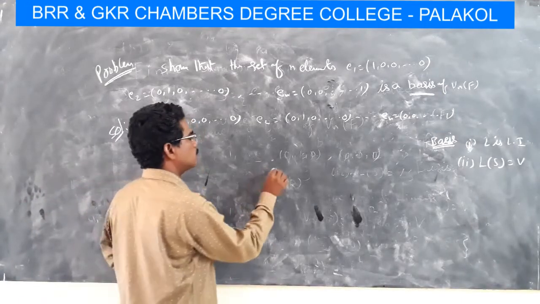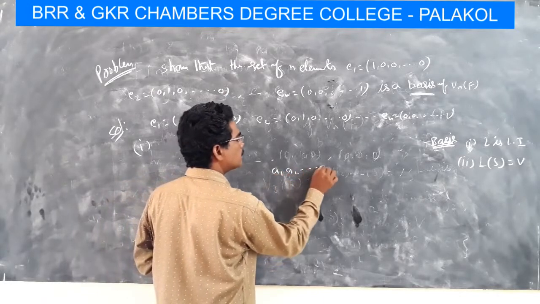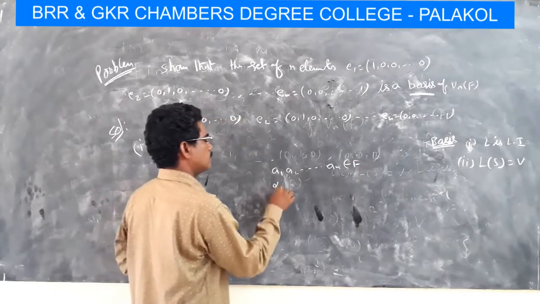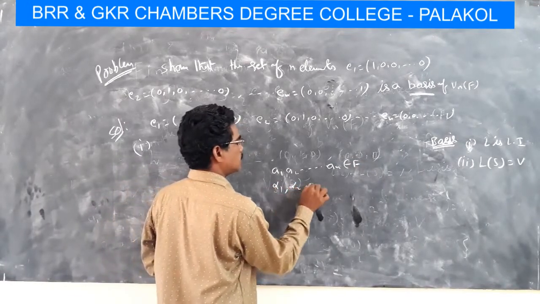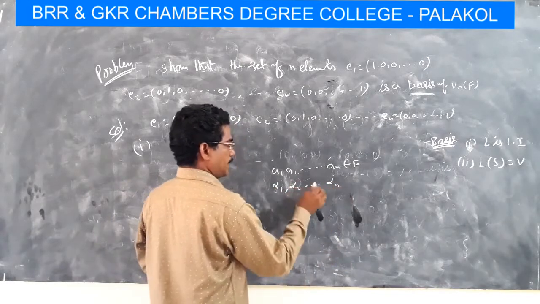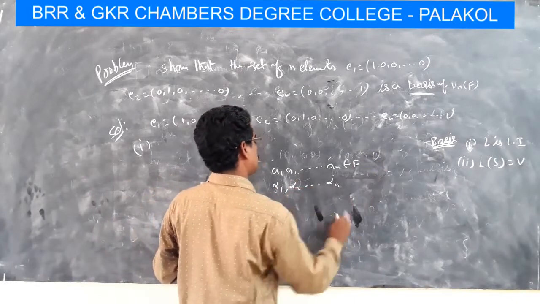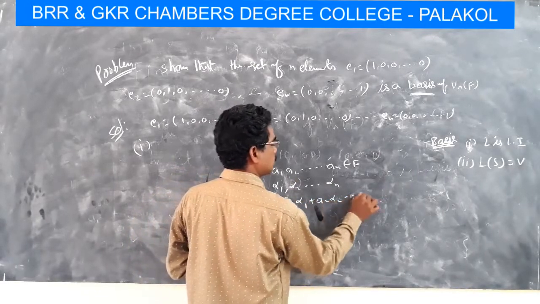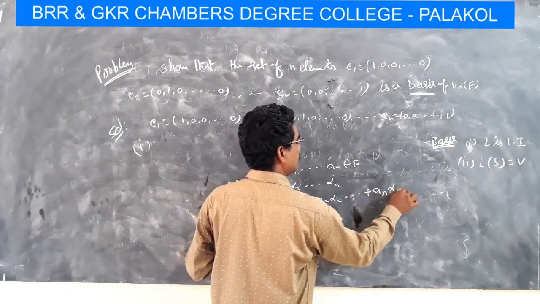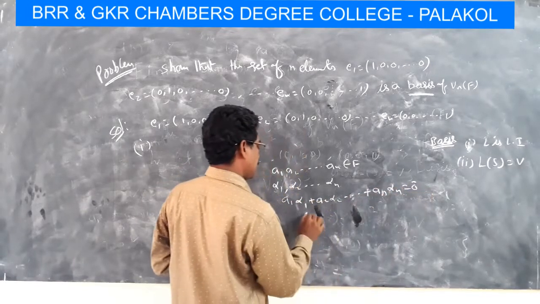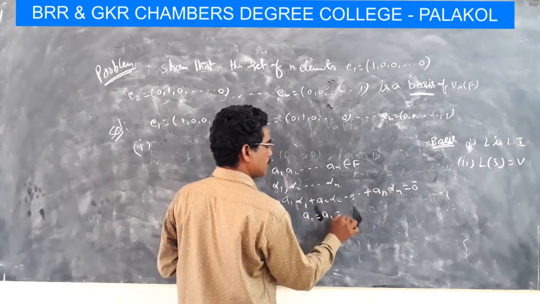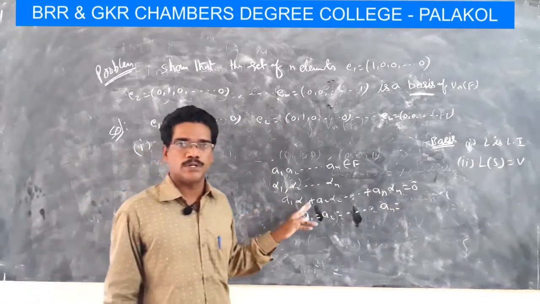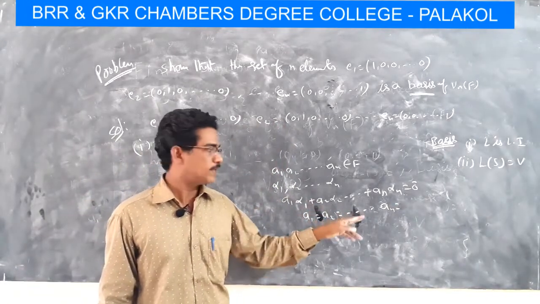Suppose a1, a2 up to so on an belong to F, some vectors alpha 1, alpha 2 so on alpha n, and the linear combination a1 alpha 1 plus a2 alpha 2 so on plus an alpha n equal to 0 bar.